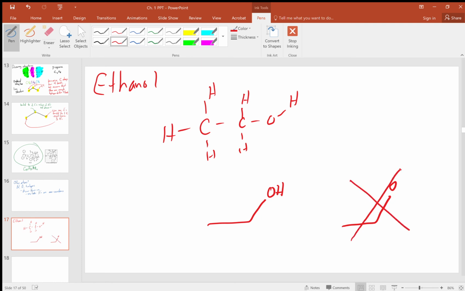We never assume hydrogens on non-carbons. So we know that this carbon here, the first one, we see one bond, we know it has 3 hydrogens. Our second carbon, we can see it has 2 bonds, one to the carbon, one to the OH group. So we know it has to have 2 hydrogens. But the oxygen, we don't make any assumptions about, and it's exactly the way that it's drawn in.